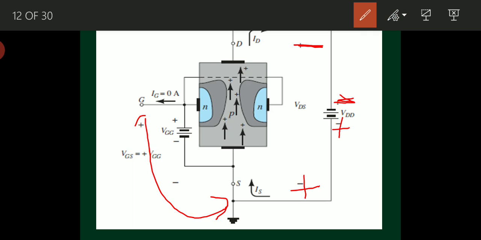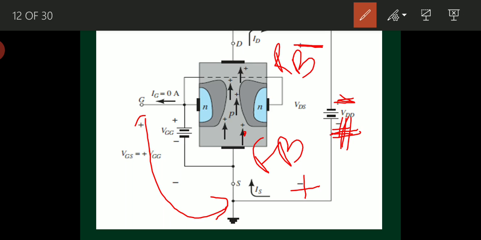So when VG is not equal to 0, what will happen? Here, this positive voltage is making the source terminal forward bias, and this negative potential here is making this terminal reverse bias.